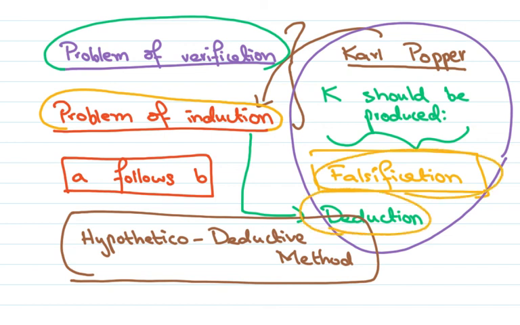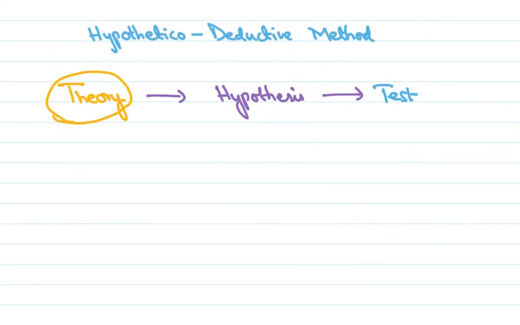So deduction is the opposite method, in which you have a theory and you're deriving hypotheses from the theory, right? This process is what is called deduction. All right? And then you test these hypotheses. If your hypothesis is not rejected, then that lends support to the theory.